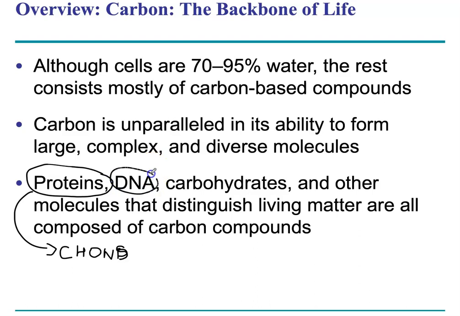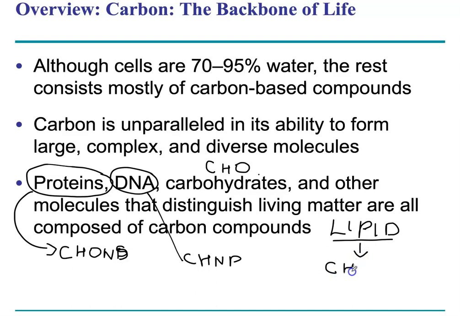DNA basically is carbon, hydrogen, oxygen, nitrogen, and phosphorus. Carbohydrates are CHO. And then you have lipids, which is another major class of molecules in your body, which are made up of CHO and some N. There's some N in certain types of lipids, but essentially CHO.